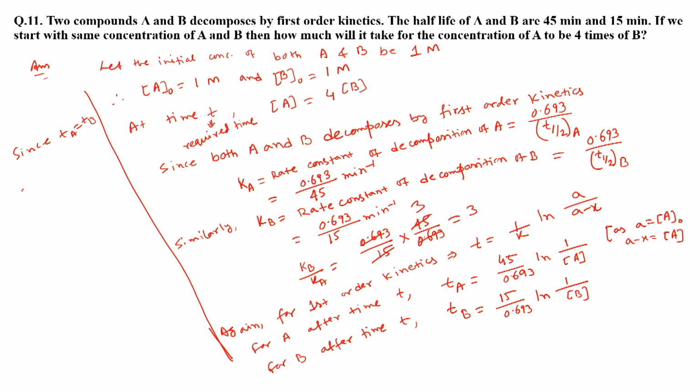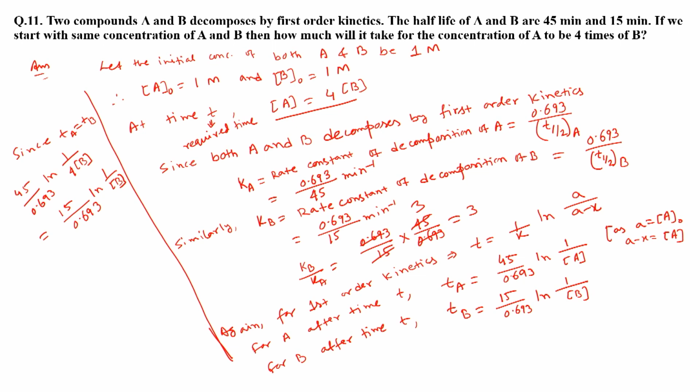So, we write 45 by 0.693 ln 1 by the concentration of A. Now, the concentration of A is 4 times the concentration of B. So, 45 by 0.693 ln 1 by 4 times concentration of B equals 15 by 0.693 ln 1 by concentration of B.